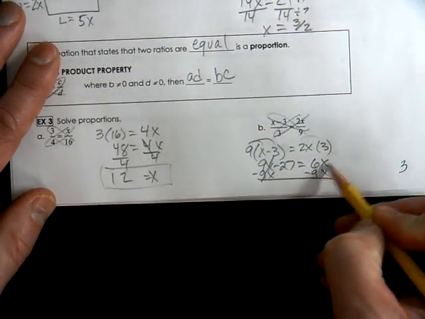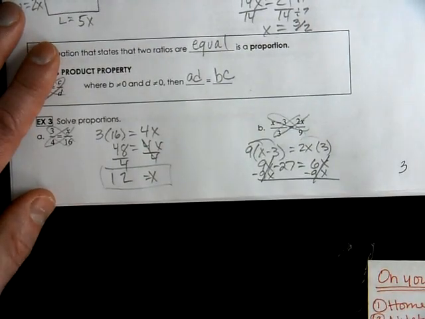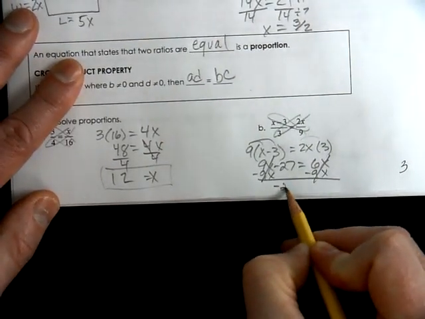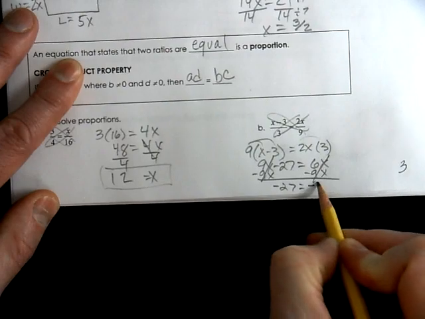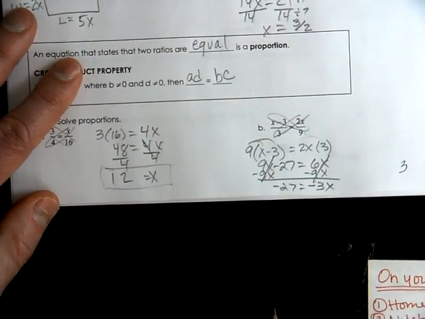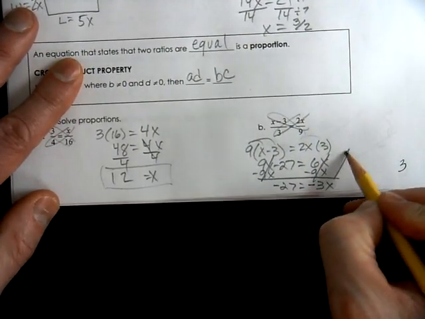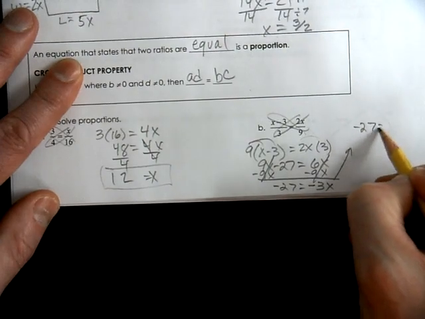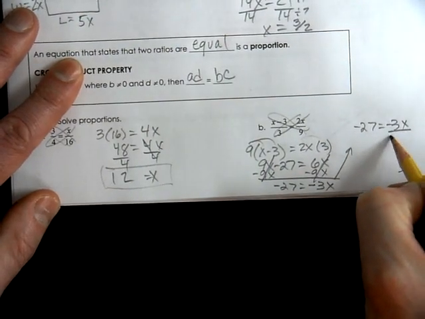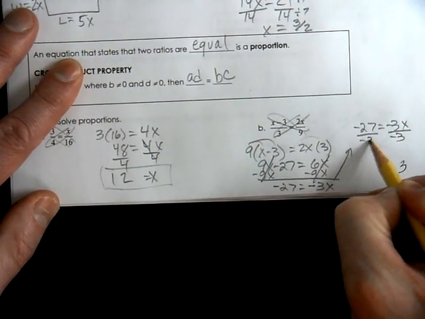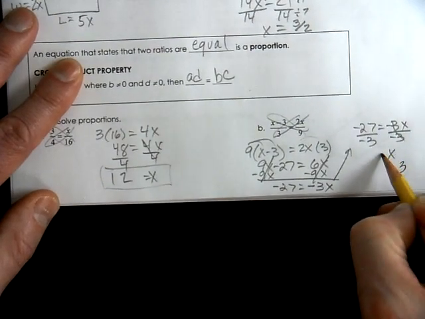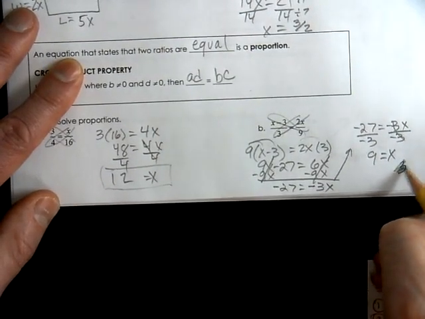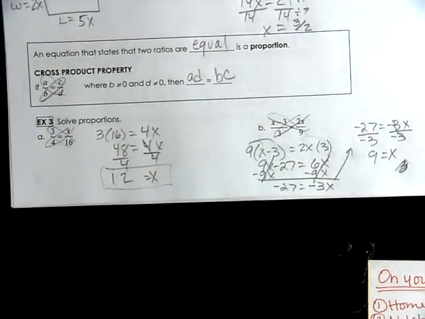So I'm just trying to get my x's isolated. So this is negative 27 equals negative 3x. So we're going to divide by negative 3. And that gives us 9.